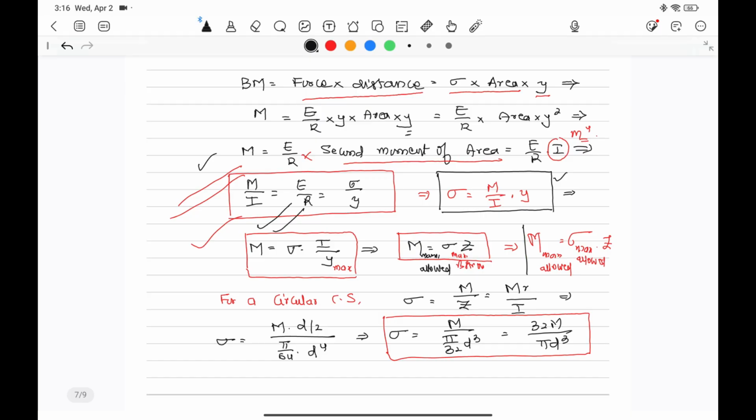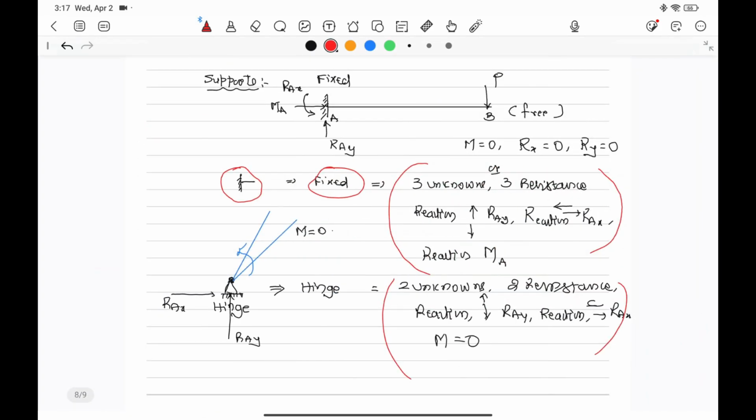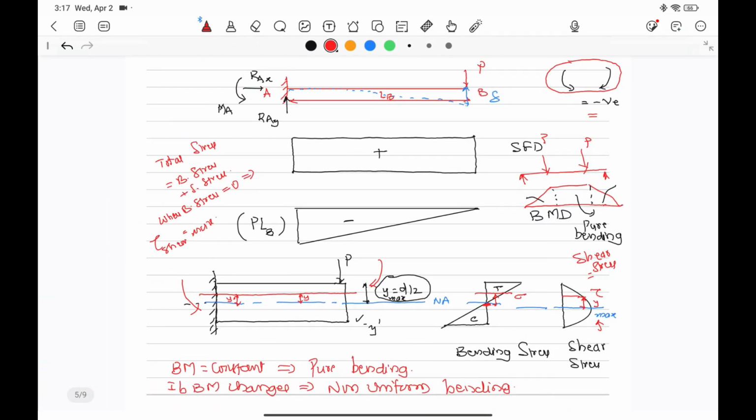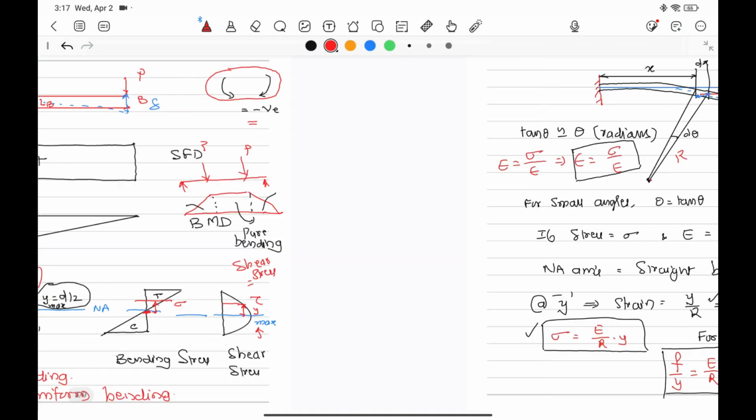Z is a constant for the given cross-sectional area. Z is equal to I by y max.